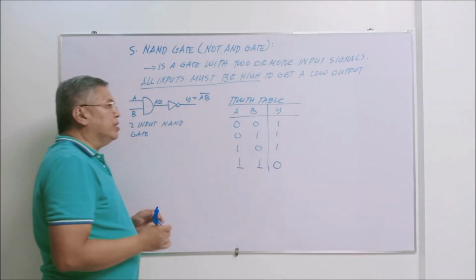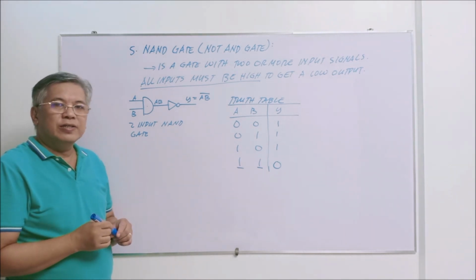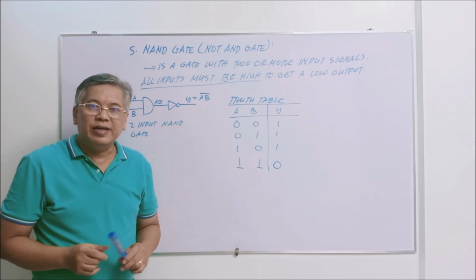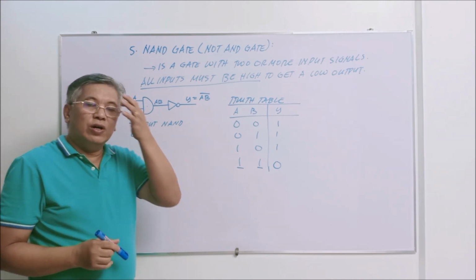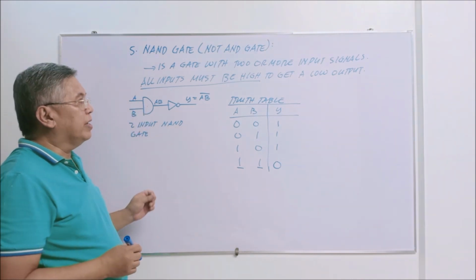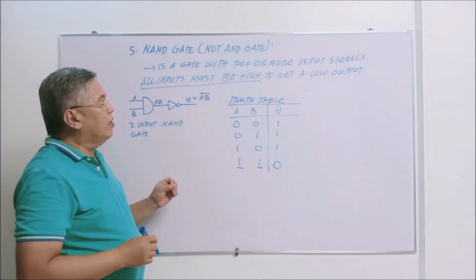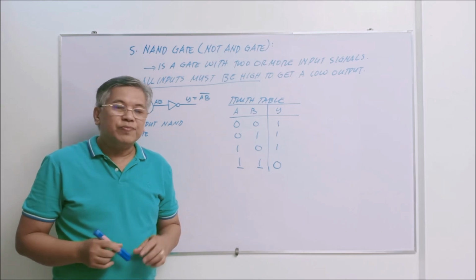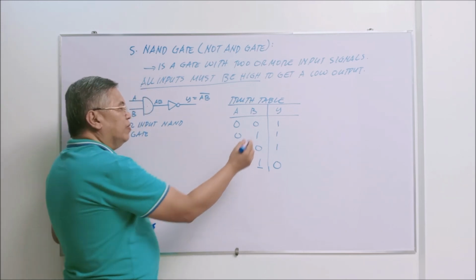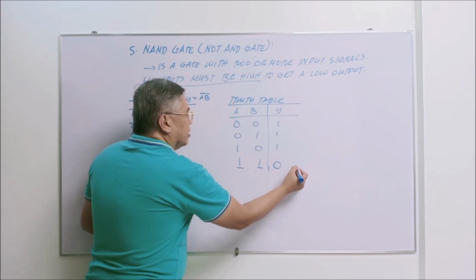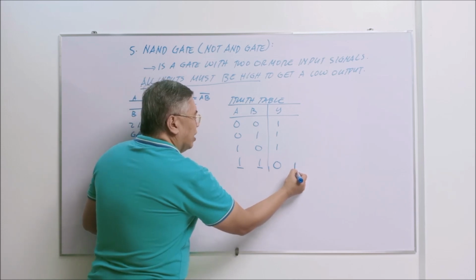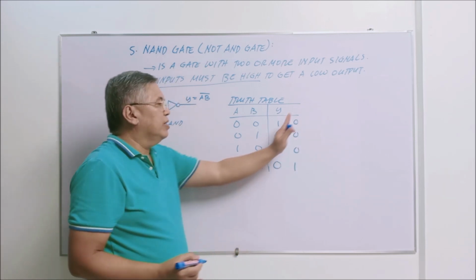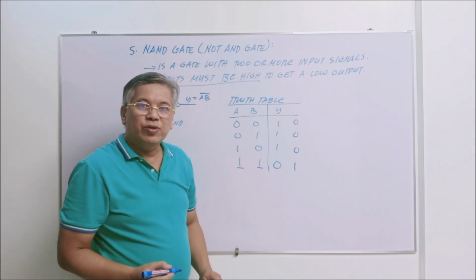If you notice, our NAND gate is simply the opposite of the AND gate. According to our definition for the AND gate, all inputs must be high to get a high output. So in our AND gate, the output here is 1 and the rest is 0. This is our AND gate output.